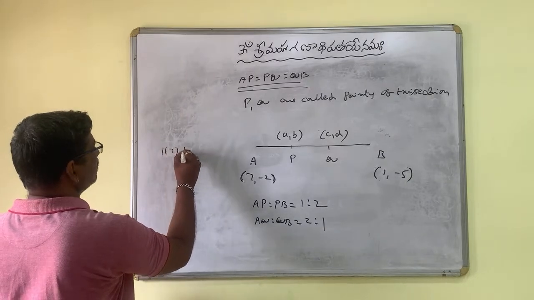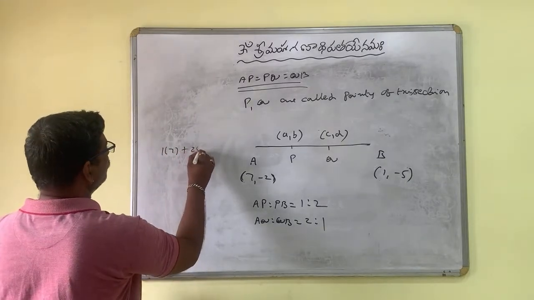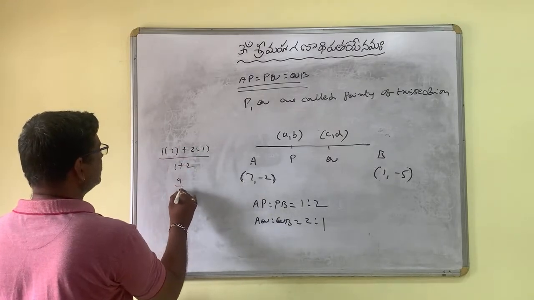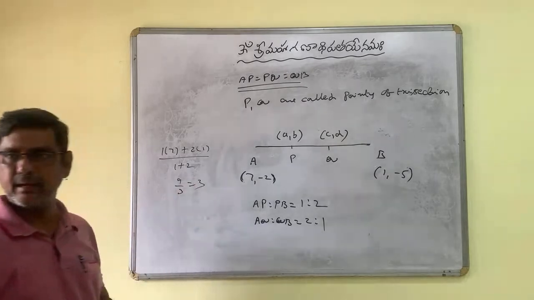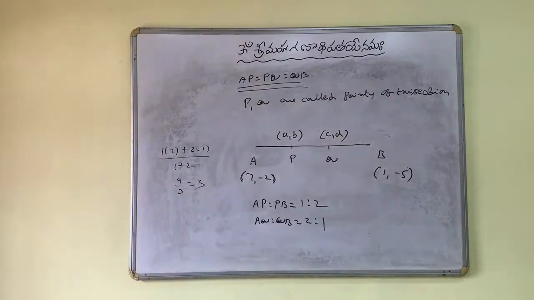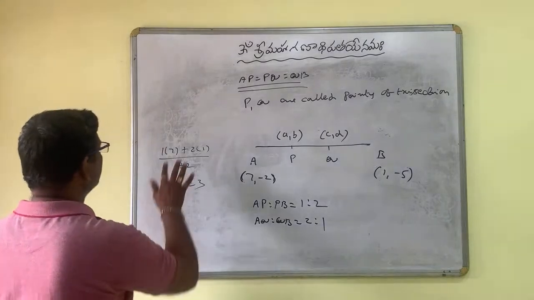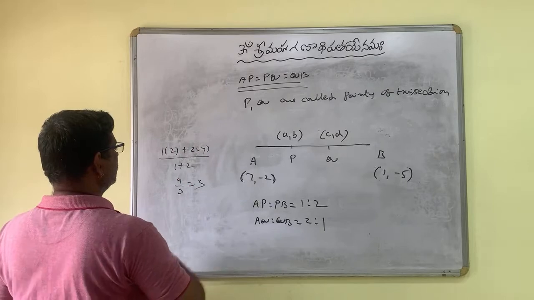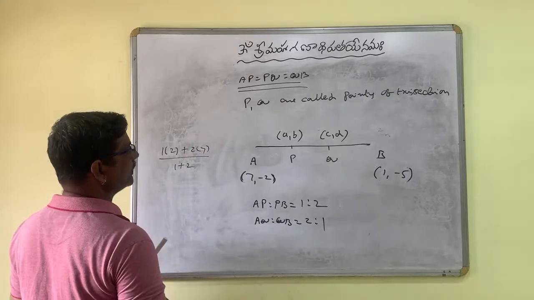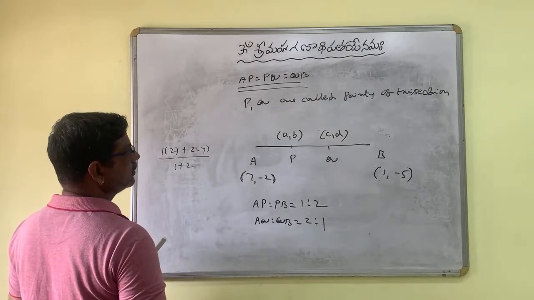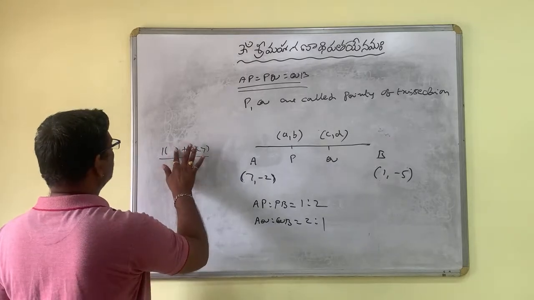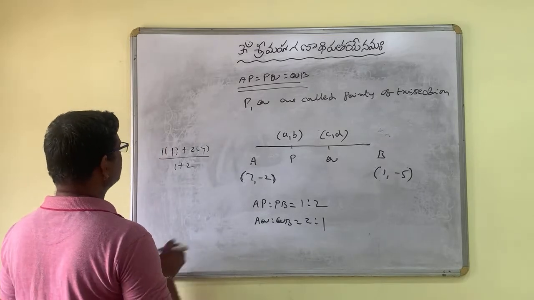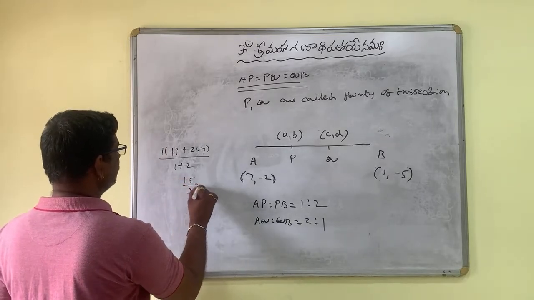One into 7 plus 2 into 1 by 1 plus 2, 9 by 3, 3. A5 ela vachindi? Okay sorry, this is 2, this is 7. This is m x2, this is m x1. m plus n, 15 by 3, 5.